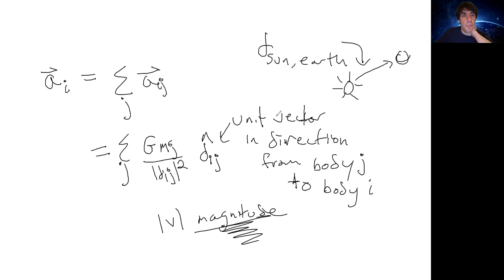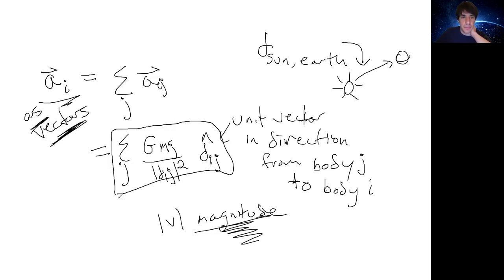All right, so the point then is that we end up with a formula as vectors that tells you that the acceleration on body i is some vector formula here in terms of these quantities. So what we're going to need to do in the next segment is to develop some technology for working with vectors so that we can say something like this.